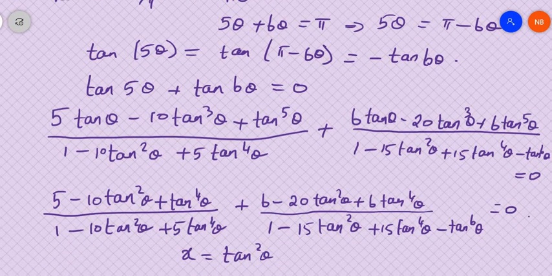So tan n pi is equal to 0. So tan square pi by 11, tan square 2 pi by 11, tan square 3 pi by 11, tan square 4 pi by 11, tan square 5 pi by 11 will all be the roots of the equation that we are going to get here.